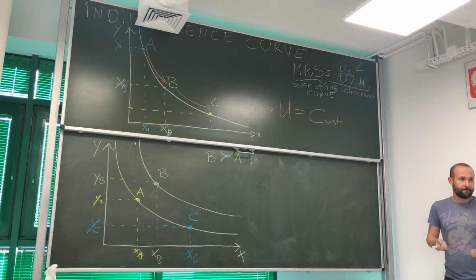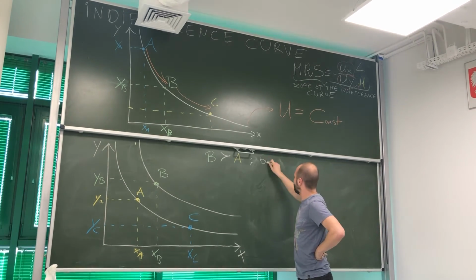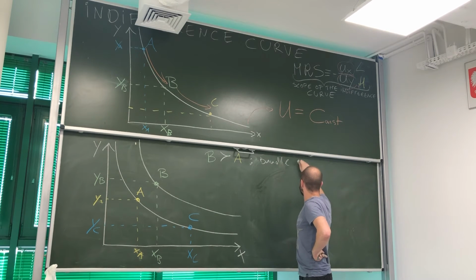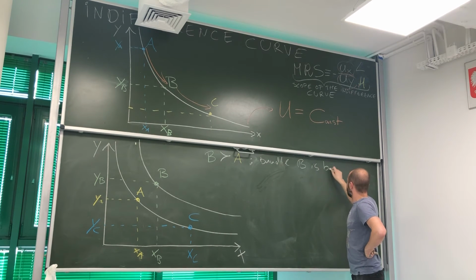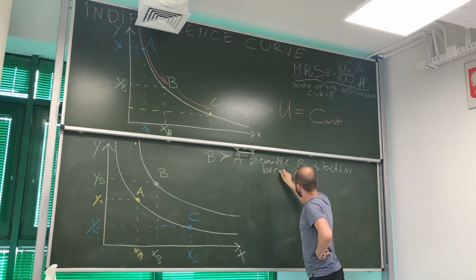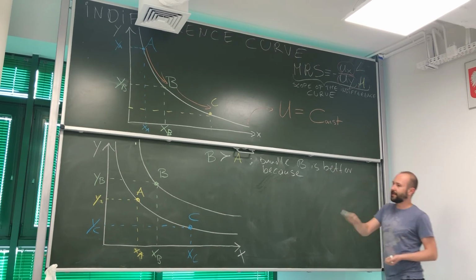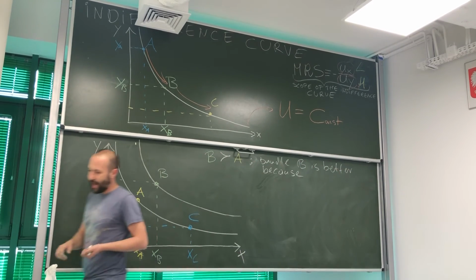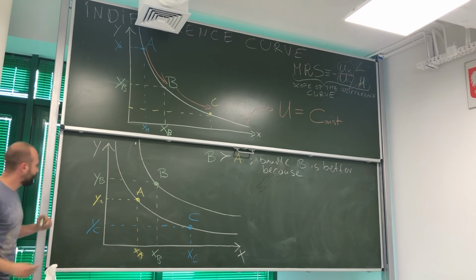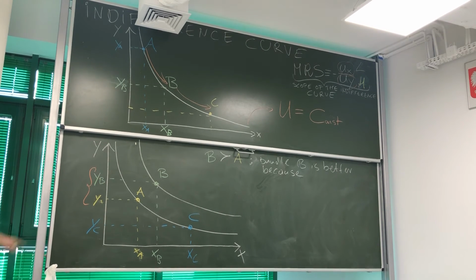So we see here that bundle B is preferred to A, and bundle B in this case is better because, let's look at it. Look, what can I see over here? I see that definitely YB is bigger than YA, right?